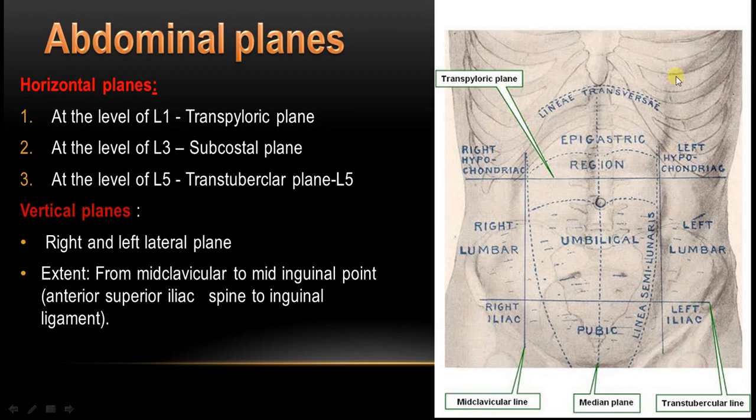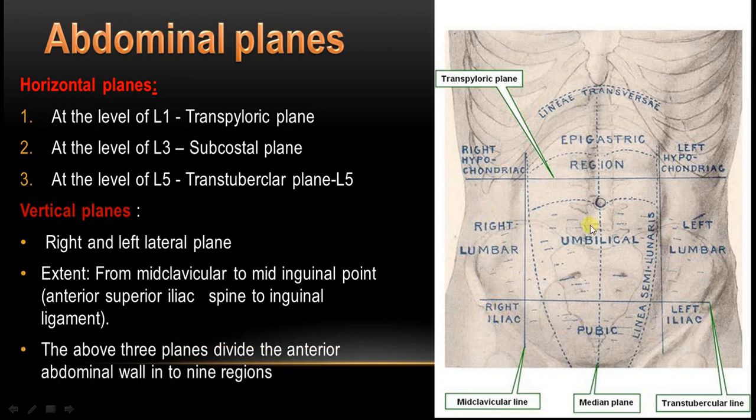So the right and left lateral planes are drawn on the right side and the left side from the mid-clavicular line to the mid-inguinal point. With these two vertical planes, and these two horizontal planes, the transpyloric plane and the transtubercular plane, the abdomen can be subdivided into 9 regions.